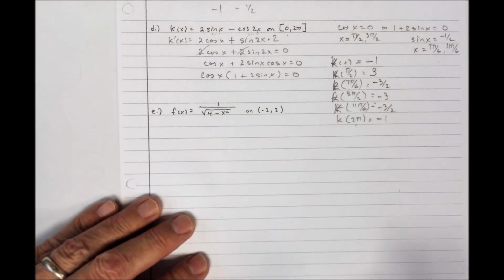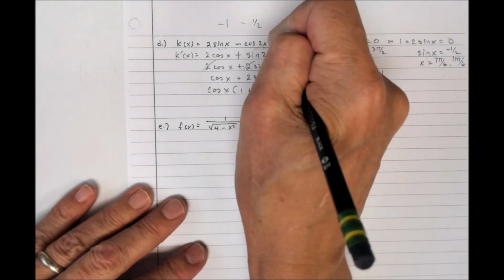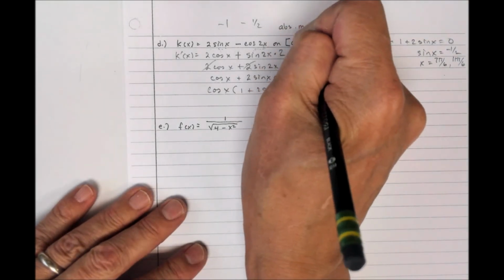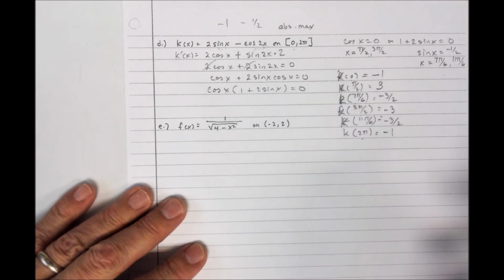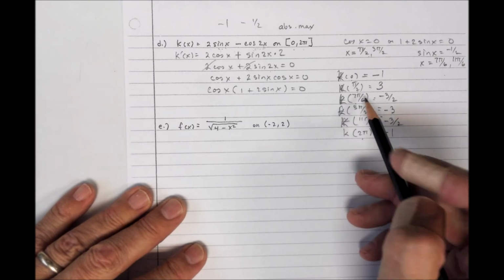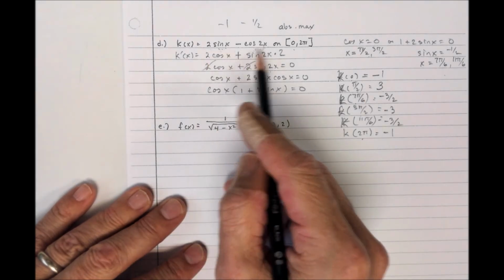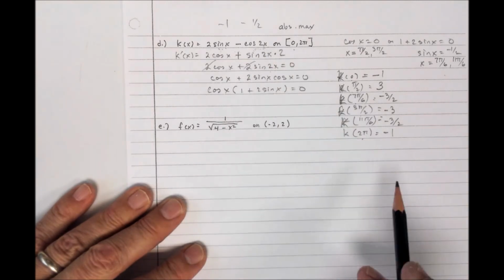Whew. So I'm going to have to put it up here because I didn't leave myself enough space. I'm going to have an absolute max of 3. Is that 3 or is that -3? Pi over 2. So that's 2 minus pi minus a negative. No, that's it.